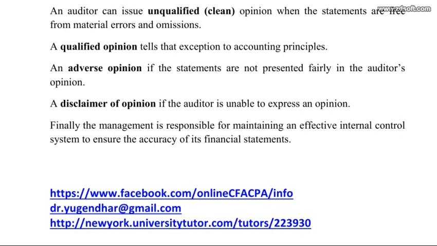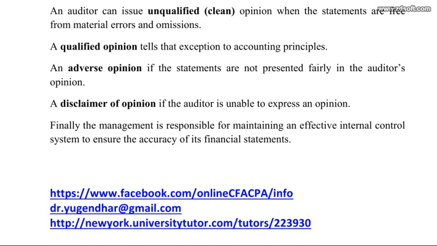Next, an adverse opinion. If the statements are not presented fairly in the auditor's opinion, this is an adverse opinion. An adverse audit opinion is issued when the auditor determines that the financial statements materially depart from accounting standards and are not fairly presented. The final one is a disclaimer of opinion.